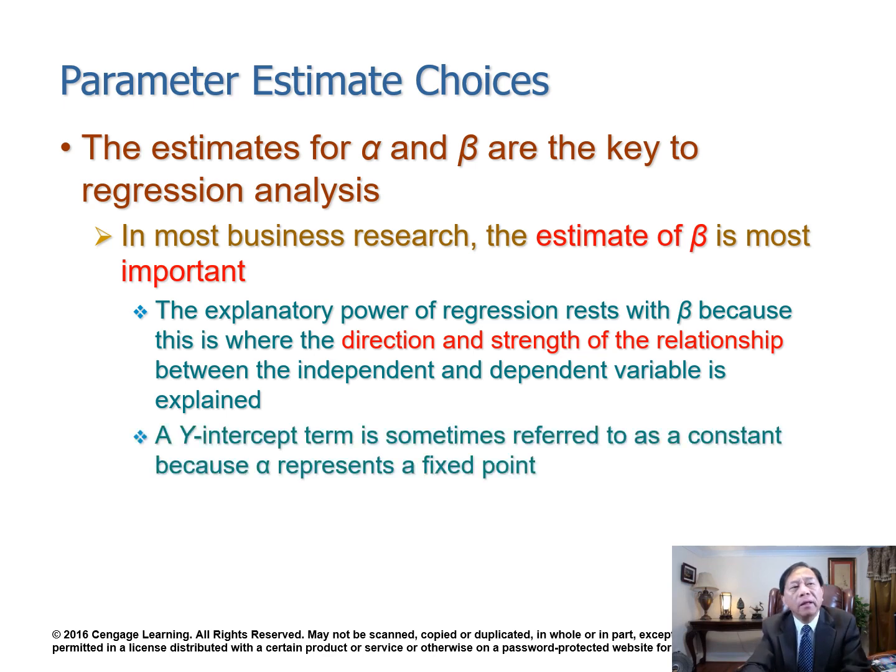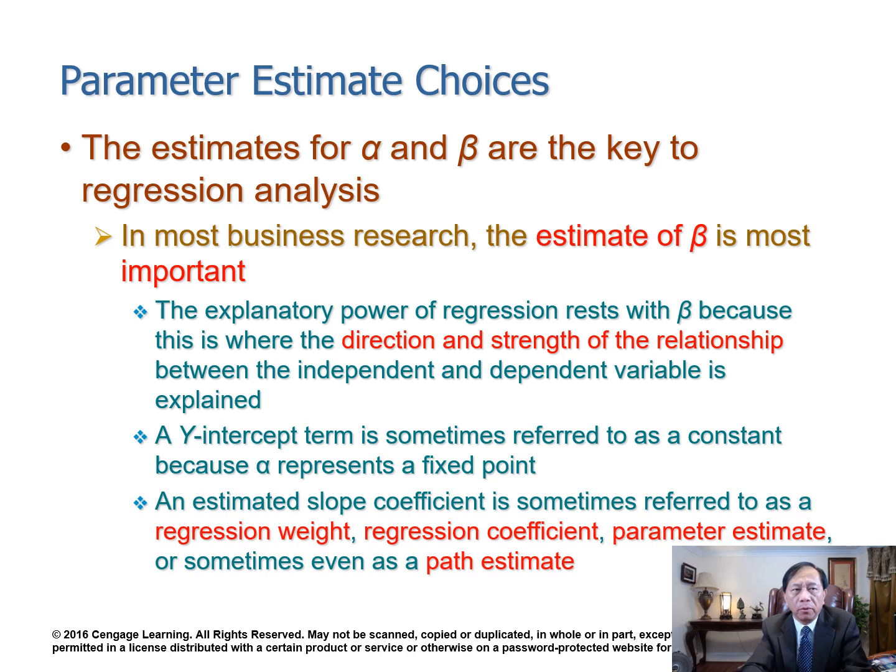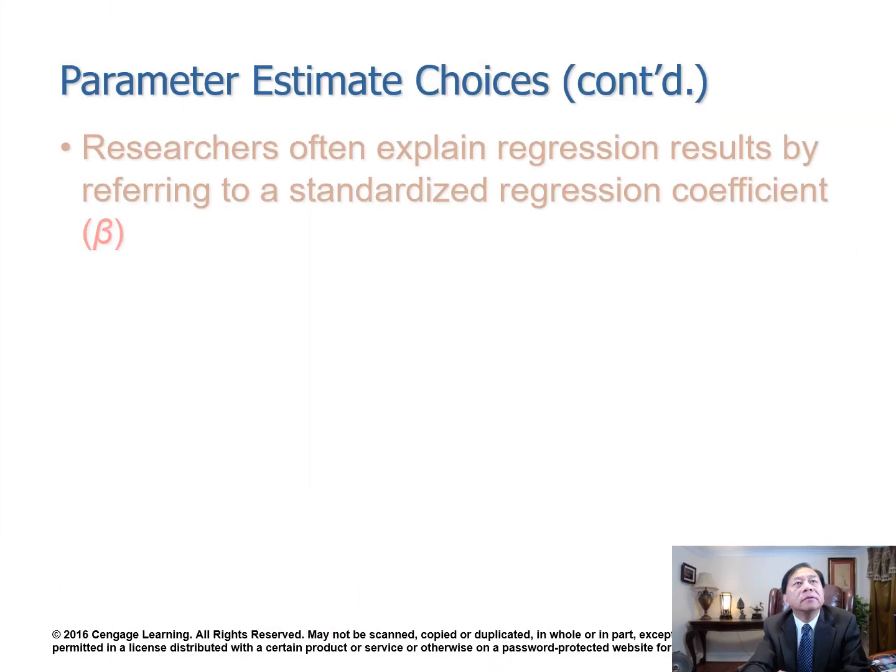A y-intercept term is sometimes referred to as a constant because the alpha represents a fixed point, just the intercept. The estimated slope coefficient is sometimes referred to as a regression weight, regression coefficient, and sometimes even as a path estimate.